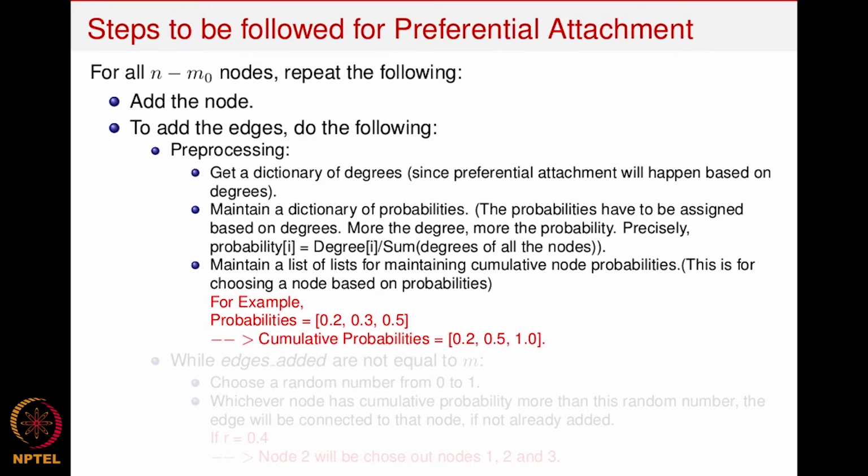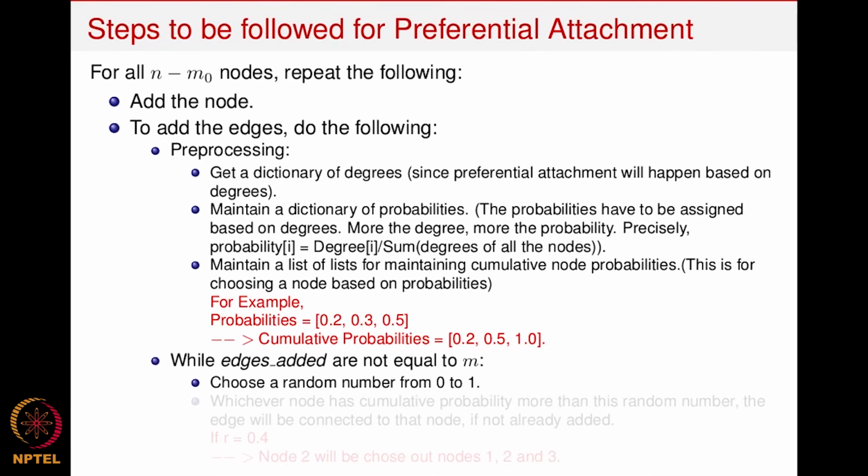We are going to maintain a list of cumulative probabilities. So the first node will have cumulative probability 0.2, the second will have 0.2 plus 0.3, that is 0.5. The third will have 0.5 plus 0.5, that is 1.0. So this is a list that we are going to maintain. I'll show you how we are going to use this list.